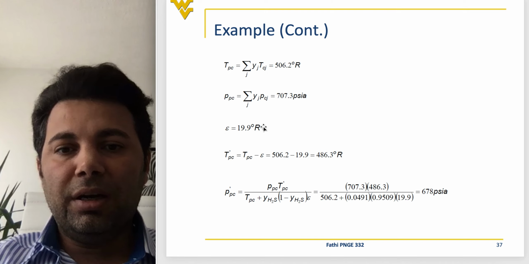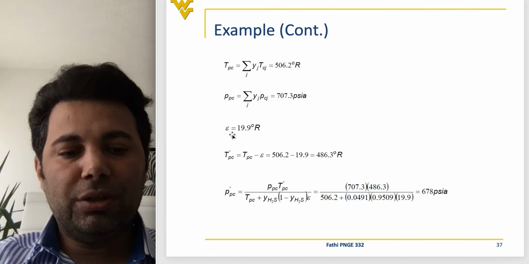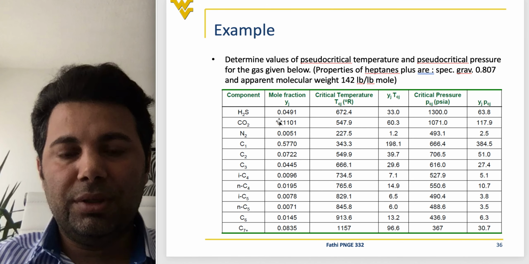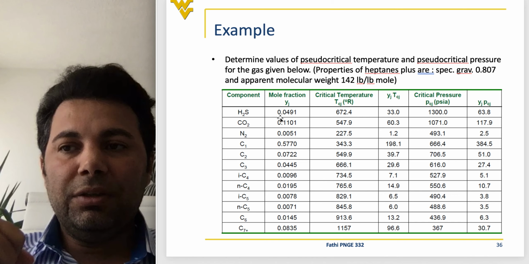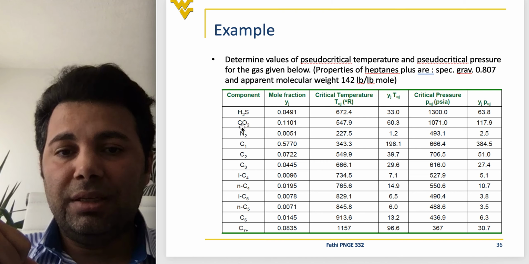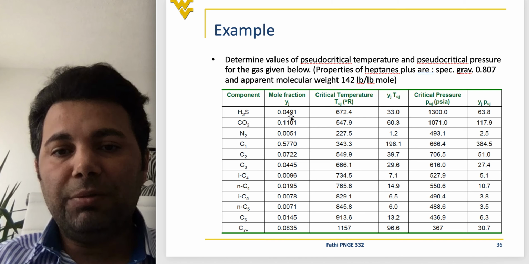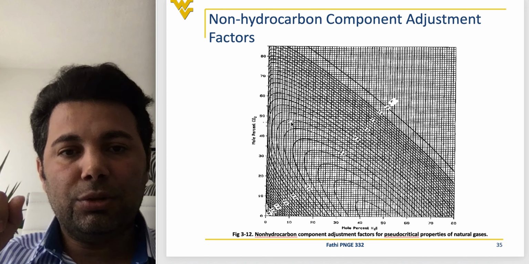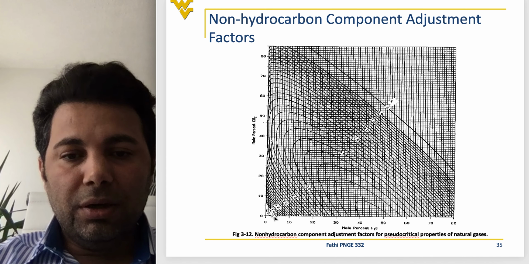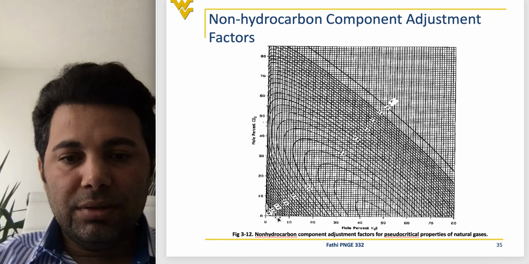Then you need to find the correction because you have non-hydrocarbon components. Remember, in figure 311, the mole fractions are in percentage. So H2S is actually 4.9% and CO2 is 11%. So for almost 5% H2S and 11% CO2, I go here, almost 5% H2S, so this is 5%, and 11% CO2.